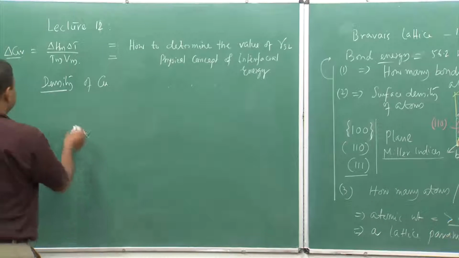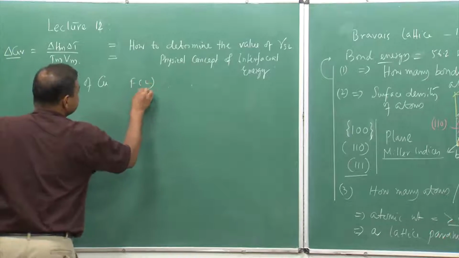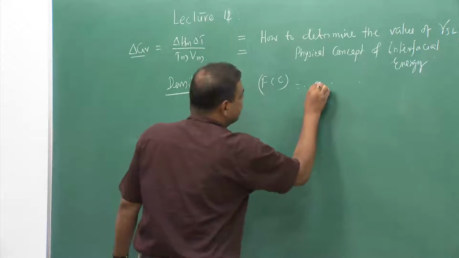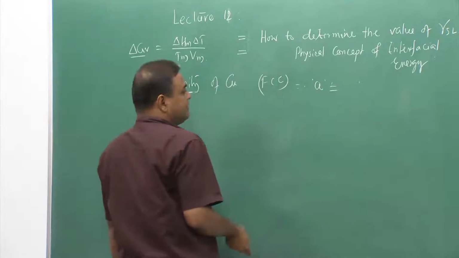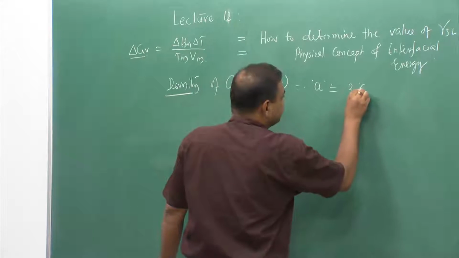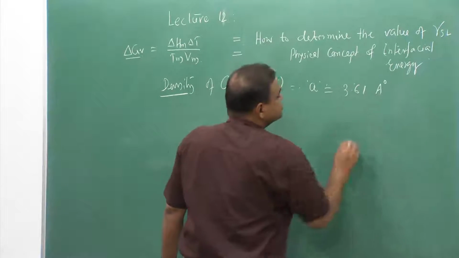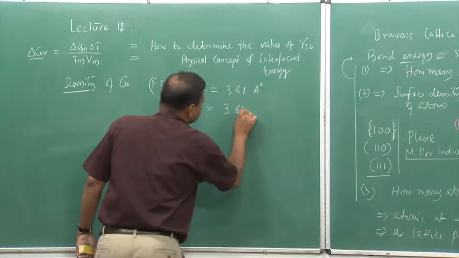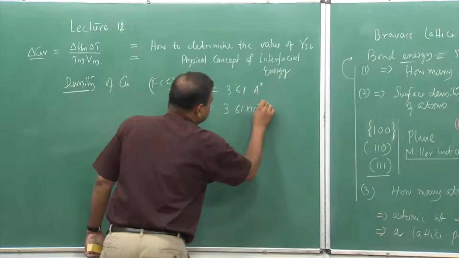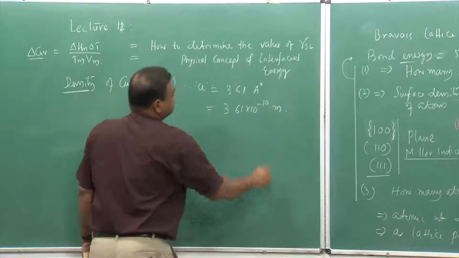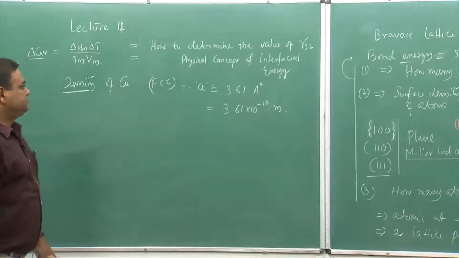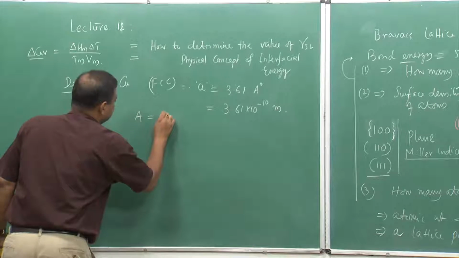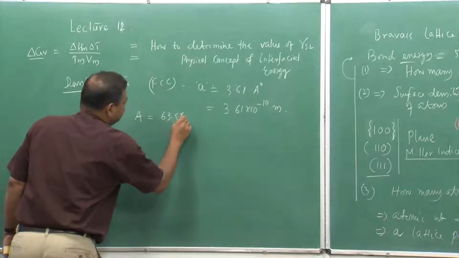Copper is FCC, and the lattice parameter, A, is 3.61 angstrom. We can write it as 3.61 into 10 to the power minus 10 meter. And the atomic weight is 63.55.